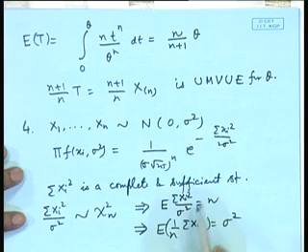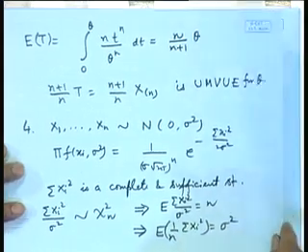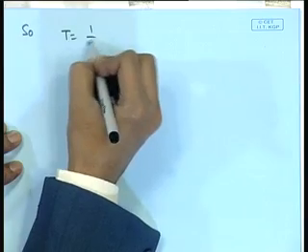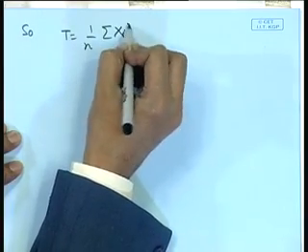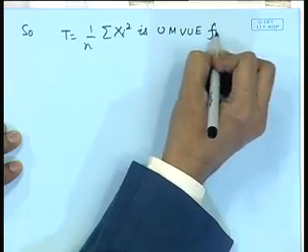In fact, for this problem, if we find the maximum likelihood estimator, that will be this, the method of moments estimator will be this, and this is also the minimum variance unbiased estimator. So, (1/n) sum x_i^2 is the UMVUE for sigma^2.